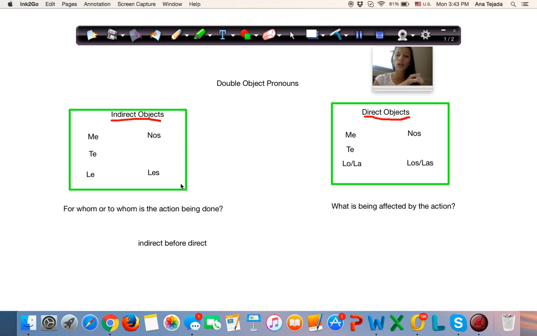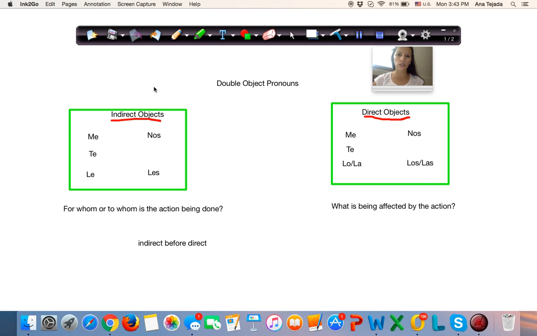Then, after you have this, you're going to look at what's being affected by this action. What is affected by the action is going to be your direct object pronoun. And when you replace them with the object pronouns, you're going to have to keep in mind there is an order in which you place these object pronouns.